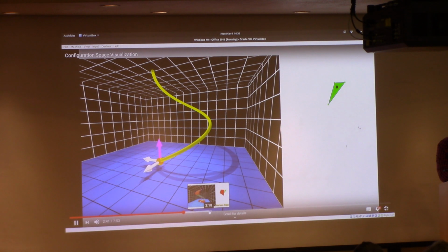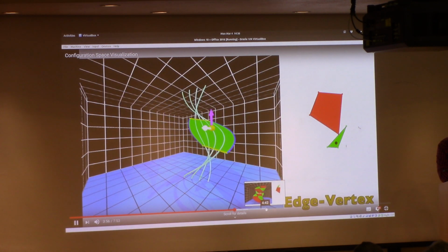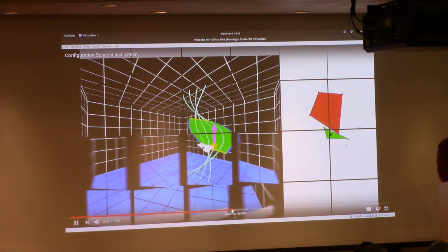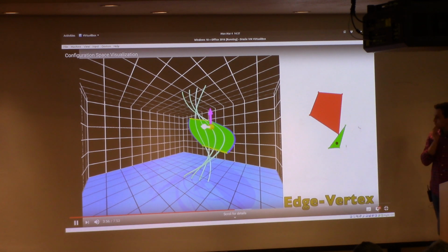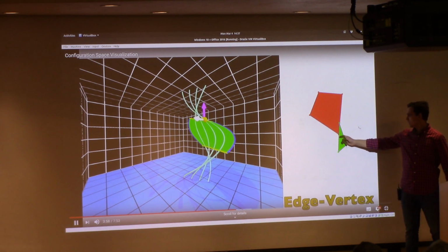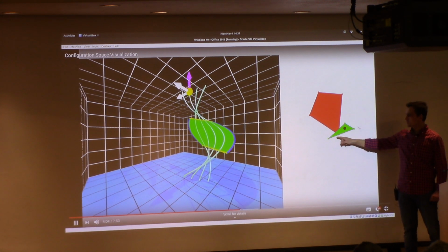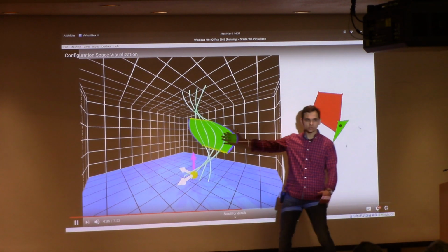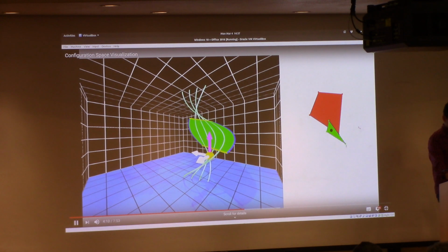Now I want to show you an example with obstacles. Here already for one obstacle, or even an interaction of the robot translating with this edge around this vertex, this induces already a quite complex terrain in 3 dimensions.